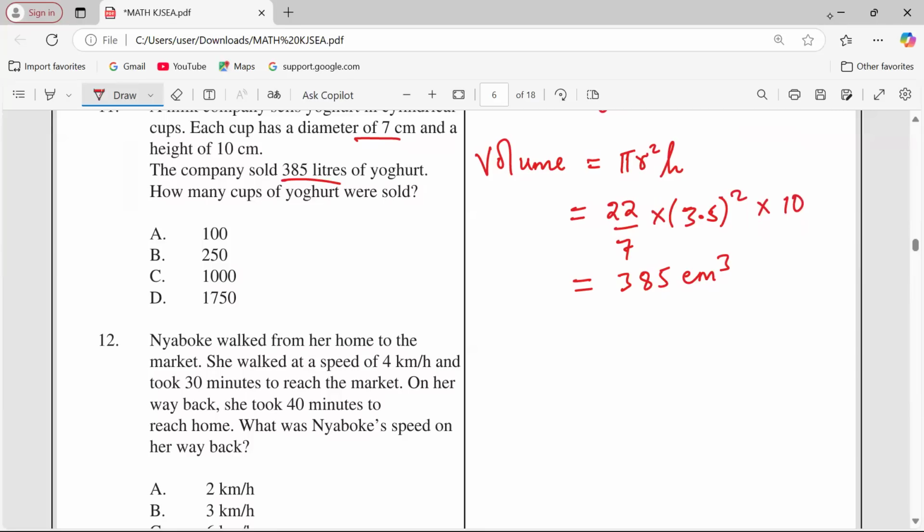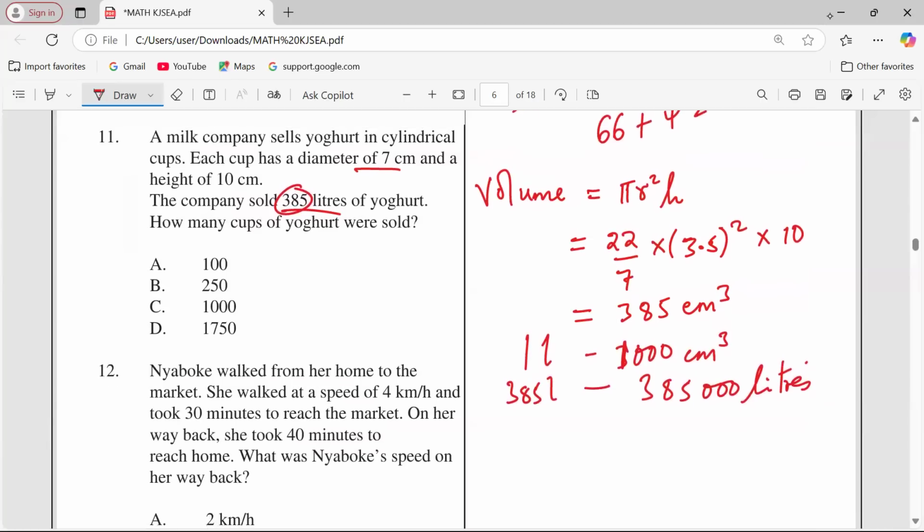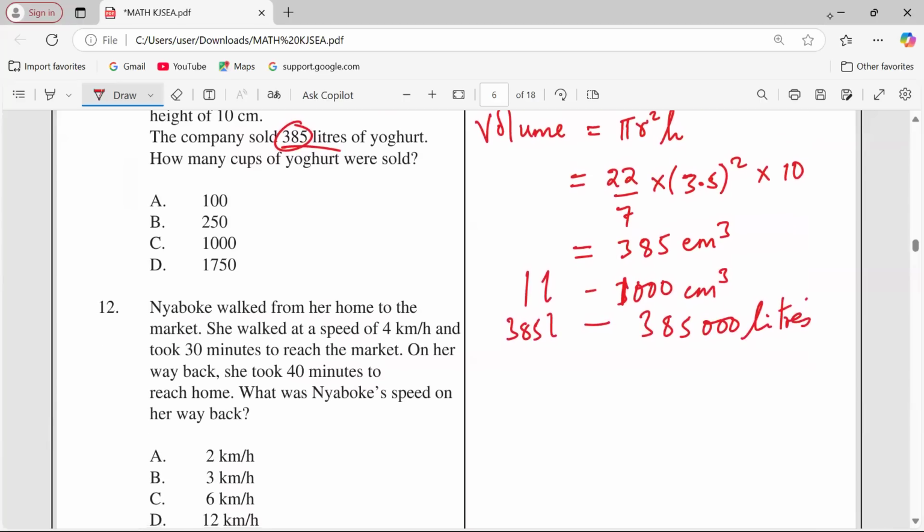If I convert this, then I'll say that 1 liter equals 1,000 cubic centimeters. So that 385 liters will total to 385,000 cubic centimeters. Now, the capacity of the yogurt which was sold is 385,000.